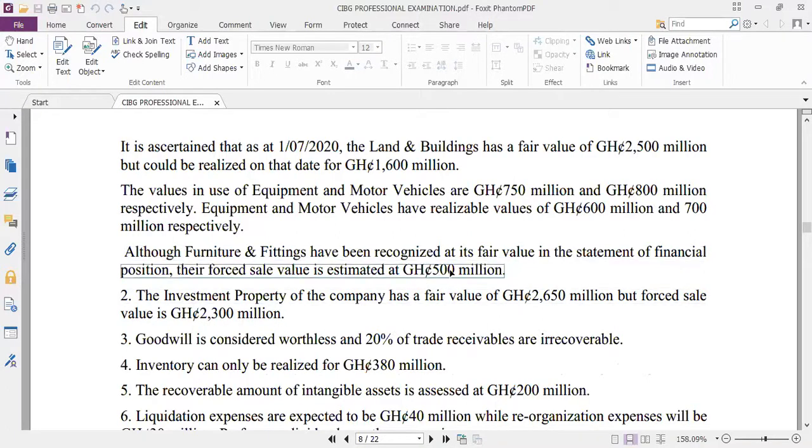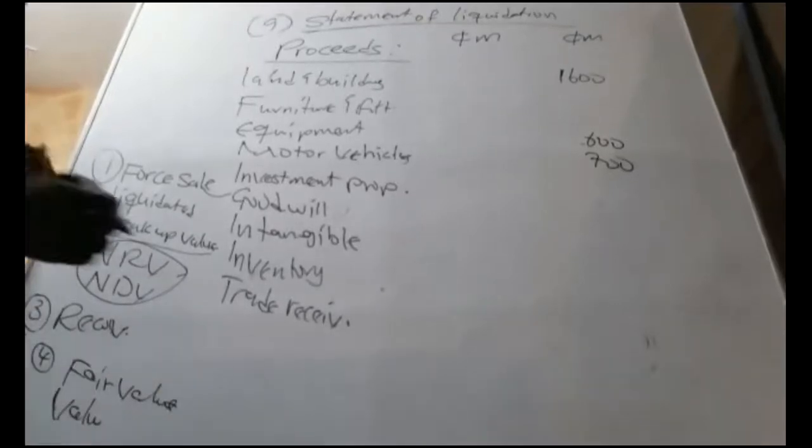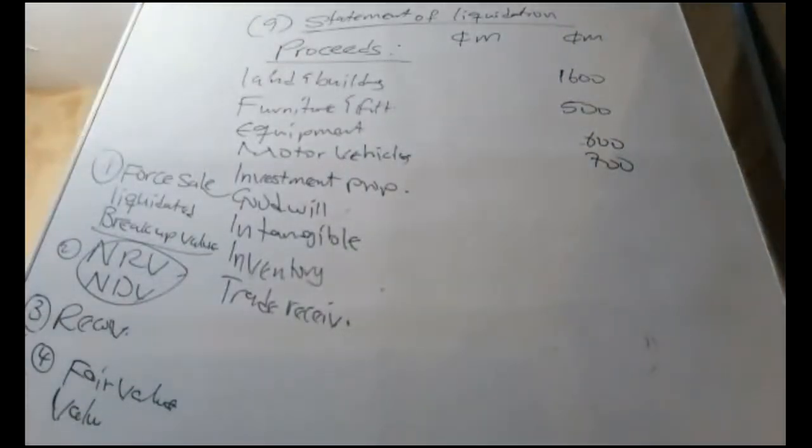So the for sale value is 500. Good. So let's go and put it up. Furniture and fittings is 500. Good.